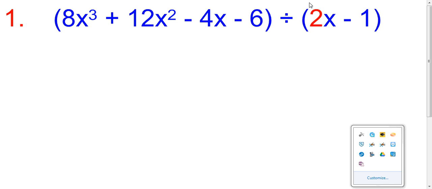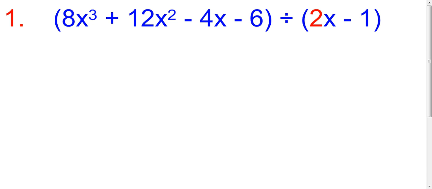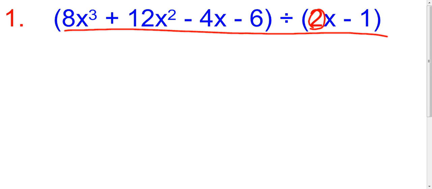What you want to do is take this number right here and divide every single thing by that. Whatever that number is, if it's a 3, if it's a 4, you're going to divide every single thing by that. If I take 8x cubed and divide it in half, I have 4x cubed. 12x squared cut in half would be 6x squared.